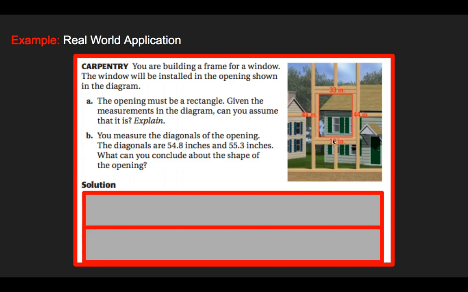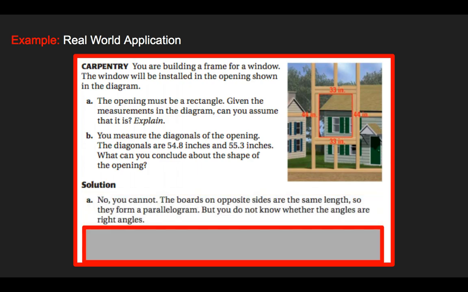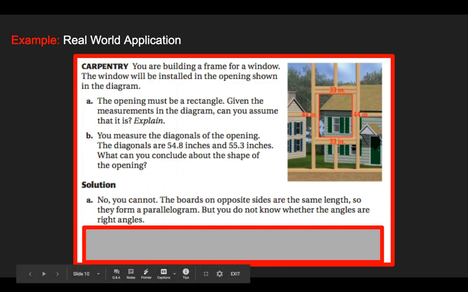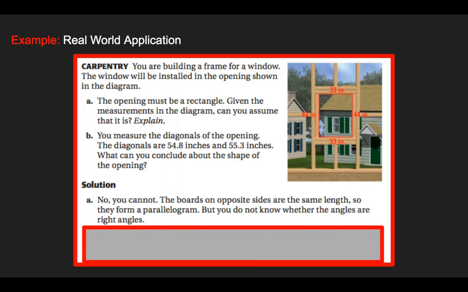So it is true that the opposite sides are congruent, like you would need in a rectangle. But they must also be parallel and meet at 90-degree angles. And we don't have any confirmation of that. So no, you cannot. While the boards opposite are the same length, they form a parallelogram, you don't know anything about the angles being right angles.